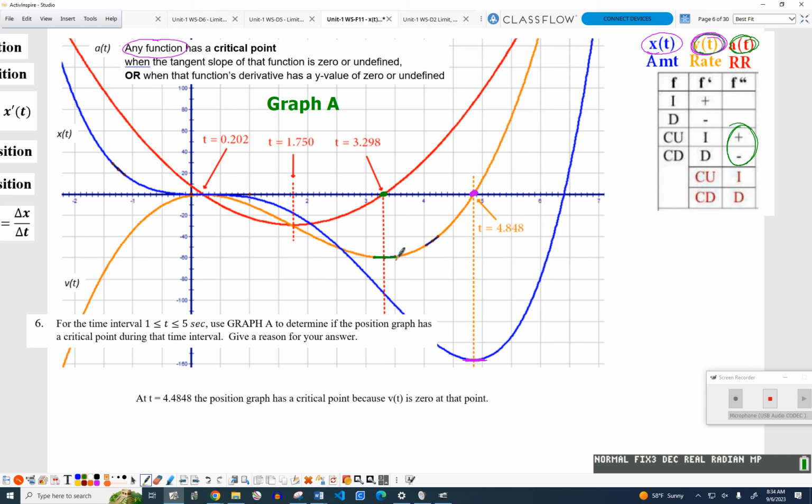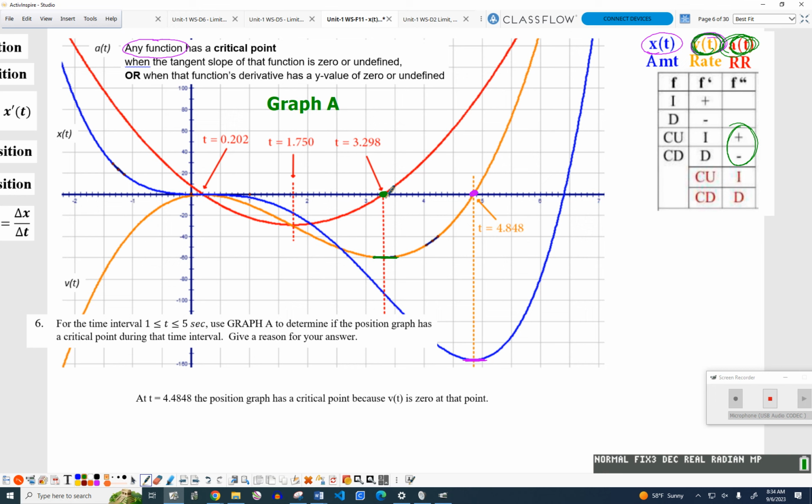The whole idea of this is they're going to continue to ask you to answer a question about one of the graphs, like answer a question about velocity, but do it using the other graph. This one shows all three, so you can see how they correspond. Right here, what's the slope of the velocity, Ellie? 0. That's why the y-coordinate on acceleration is 0 at the same time.